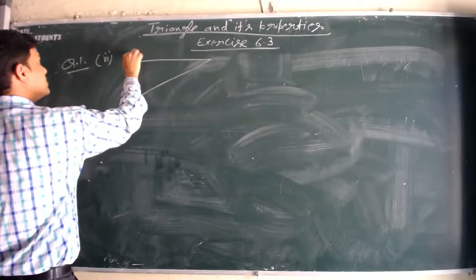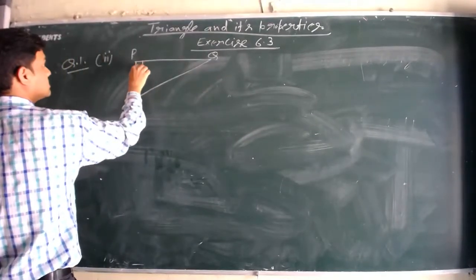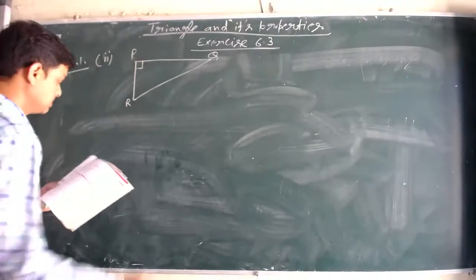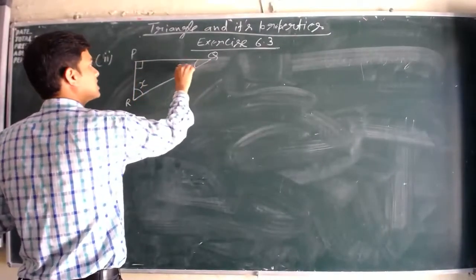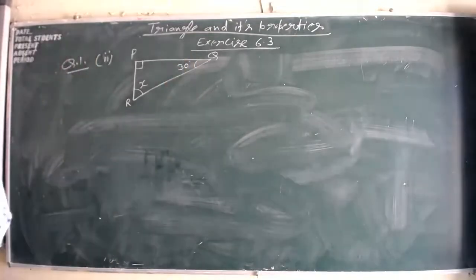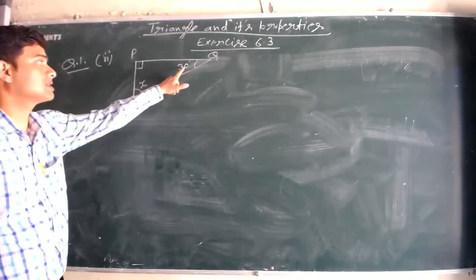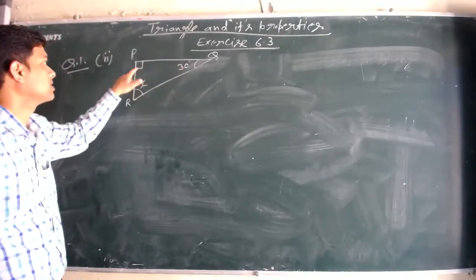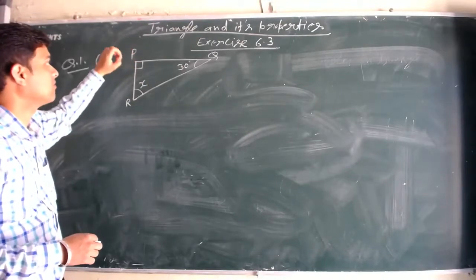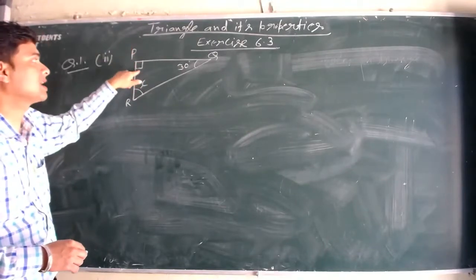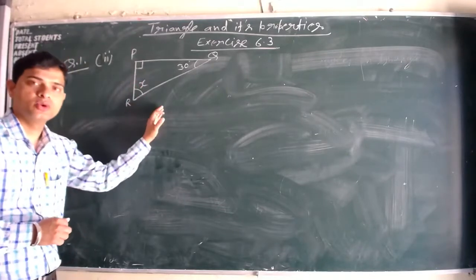Here P, Q, and R. This angle is x, and this angle is equal to 30 degrees. Clear? Now we have to calculate the value of x. One angle is 30 degrees, one angle is x, but at P, according to this structure, we can identify that this angle is equal to 90.